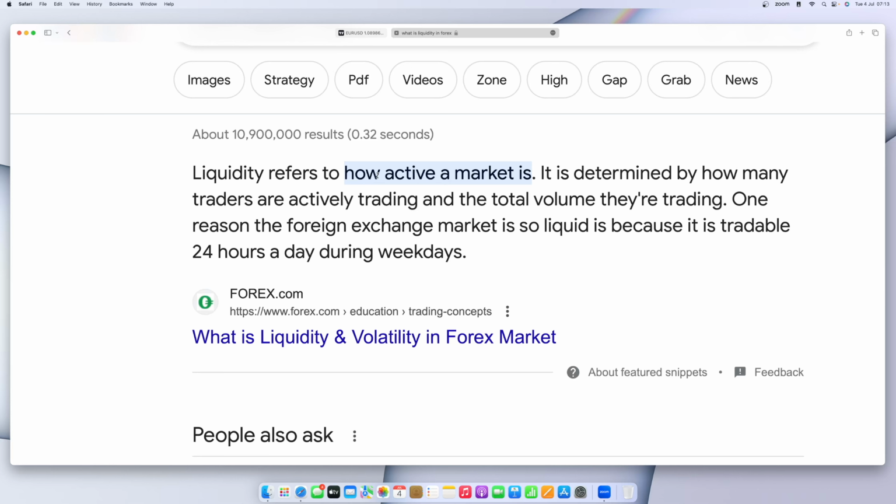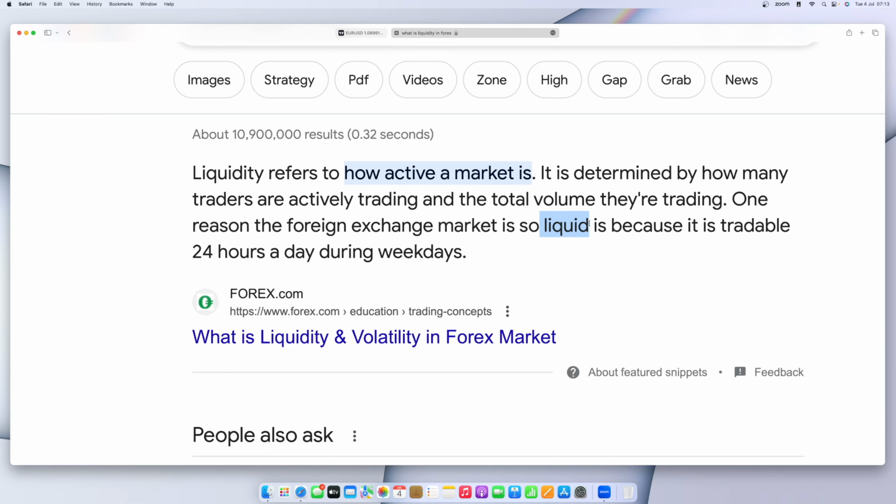So how is it connected to liquidity? If a lot of people are trading, how is that connected to liquidity? As you can see, it says here, one reason the foreign exchange market is so liquid. There we have liquid again. What you understand by liquid is, let's say, water, right?